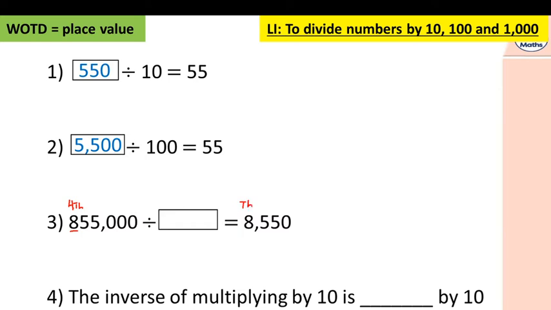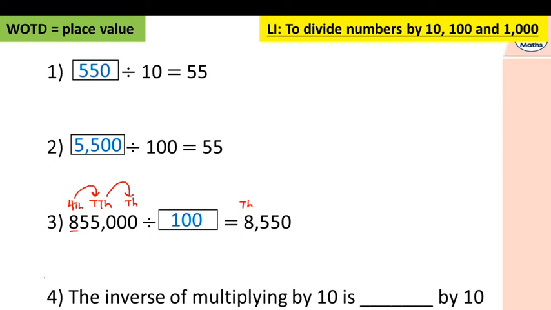So how many columns has it moved over, which will tell me how many times I've divided it. So if we go from 100,000s, the next column over is the 10,000s, so that's 1 to the right, that's been divided by 10, and then we need to get to the thousands, so that's 2 to the right. So I know if it's moved 2 to the right, it has been divided by 100.